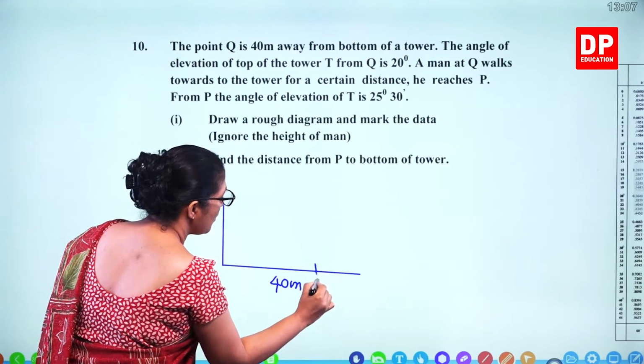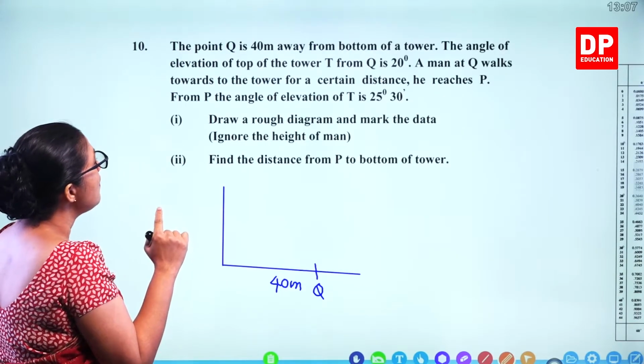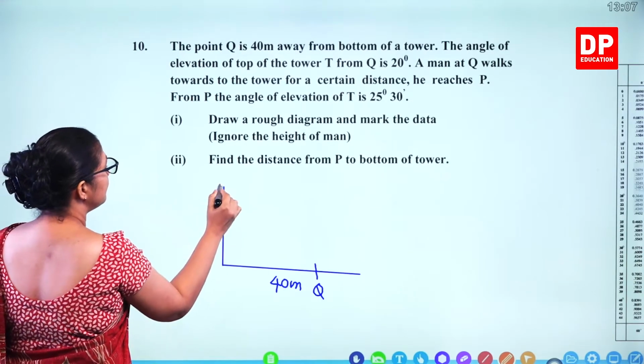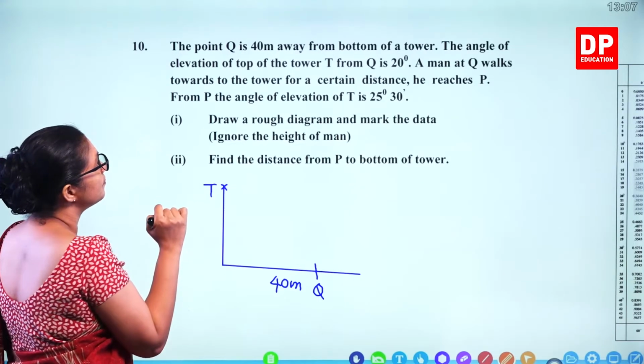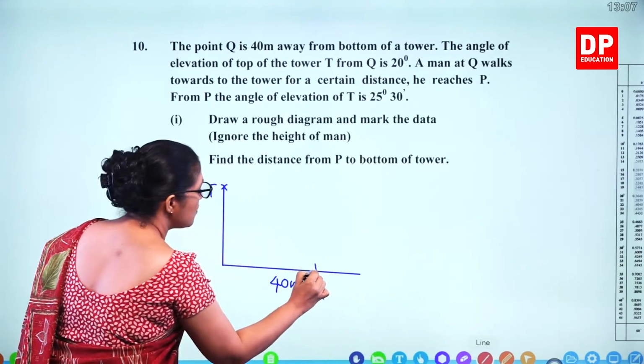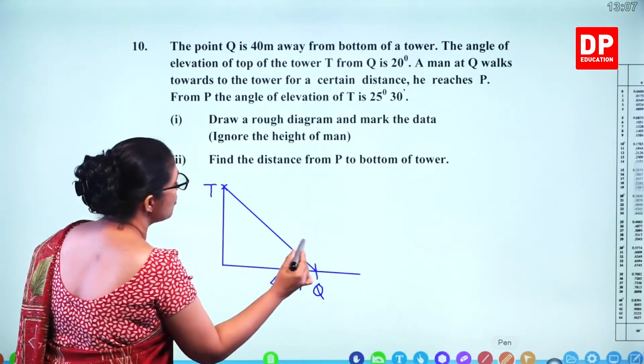So we'll mark Q here. So this distance is 40 meters. The angle of elevation of top of the tower T from Q, that's these two, is equal to 20 degrees.